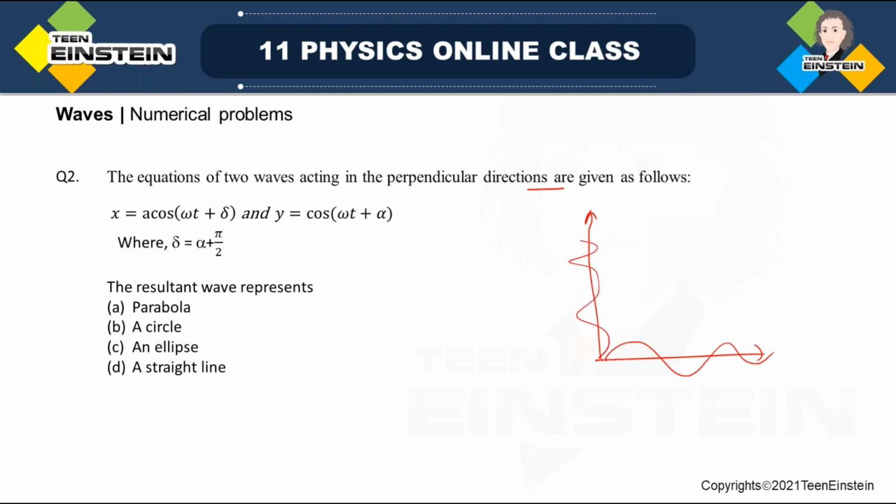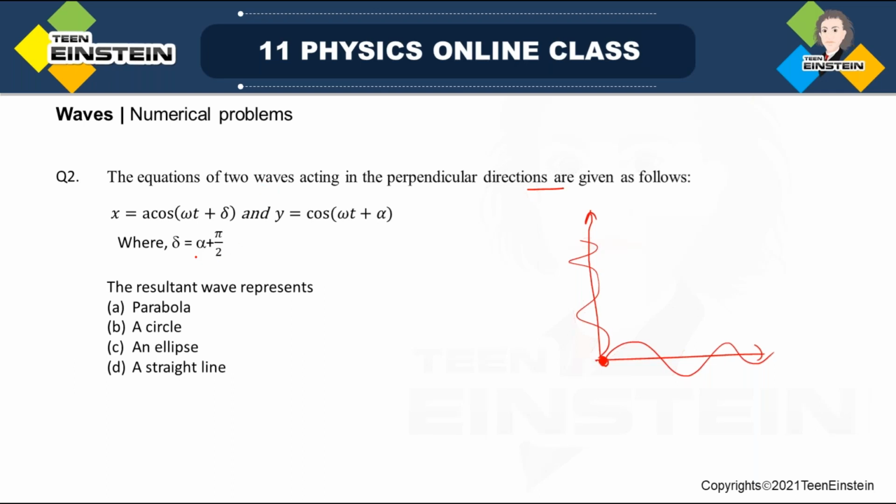If these two waves are acting or overlapping on each other, then what kind of trajectory, sorry, what kind of resultant wave will we get? Whether we will get a parabola, a circle, an ellipse, or a straight line. So how do we find out the answer for this kind of problem?